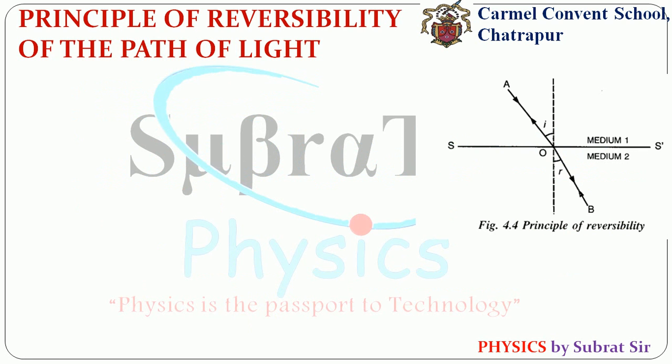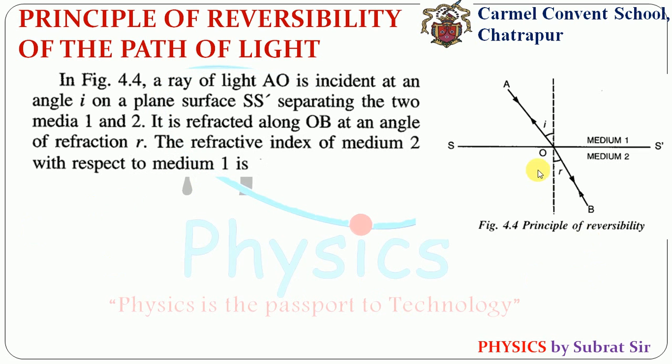Okay, so here we'll have discussion. Let us start with the first point. See the figure here. There are two mediums, medium 1 and medium 2, and S dash separates the two mediums. A ray of light passing from A to O is incident at an angle I. This one is the angle I, and the plane surface S dash is the separating plane surface of medium 1 and medium 2.